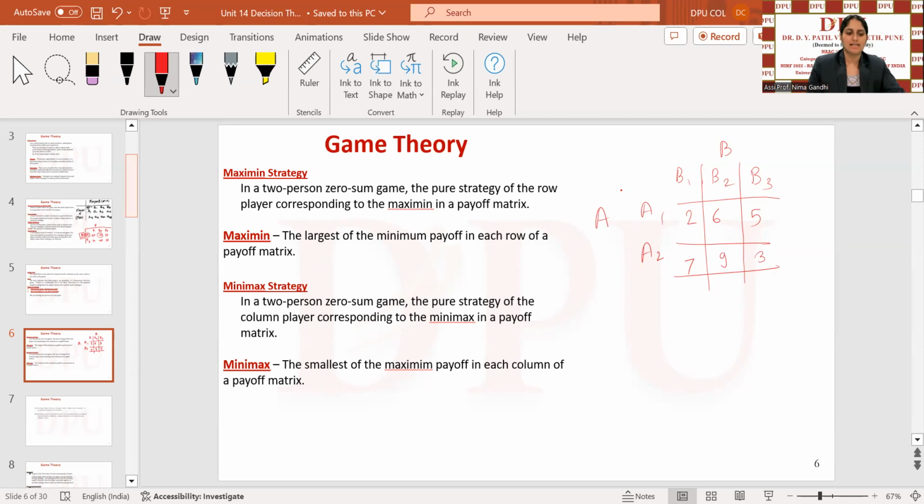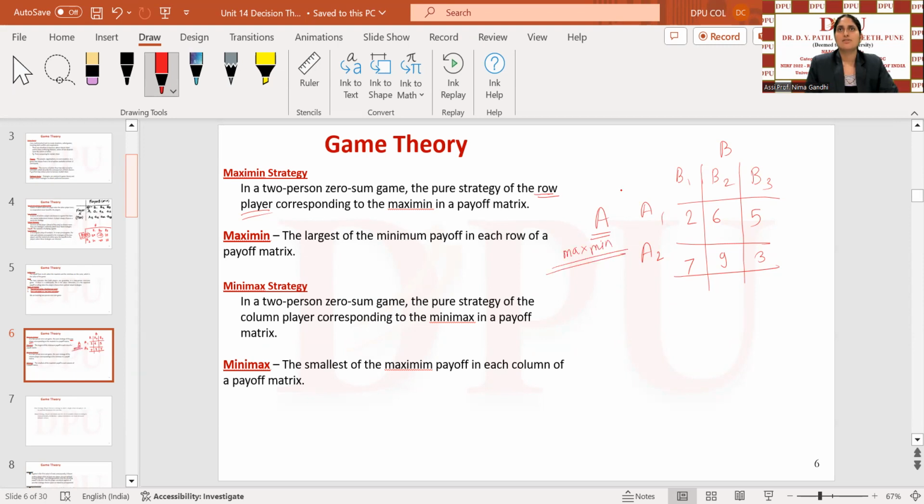You are applying the maximin strategy. In the maximin strategy, you apply it for whom? The row player. Who is the row player? A. So you will apply the maximin strategy for A1 and A2, the two strategies.